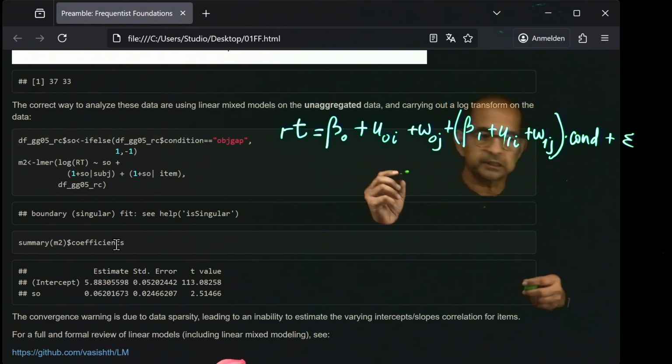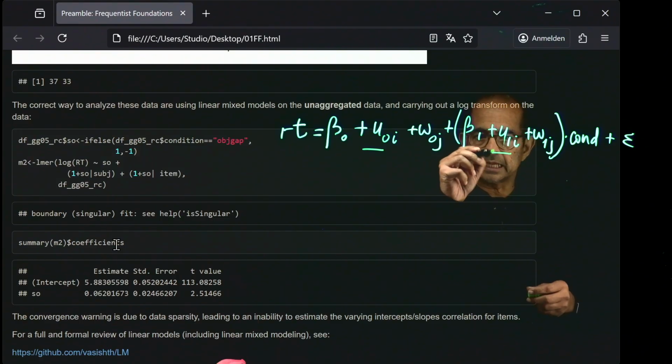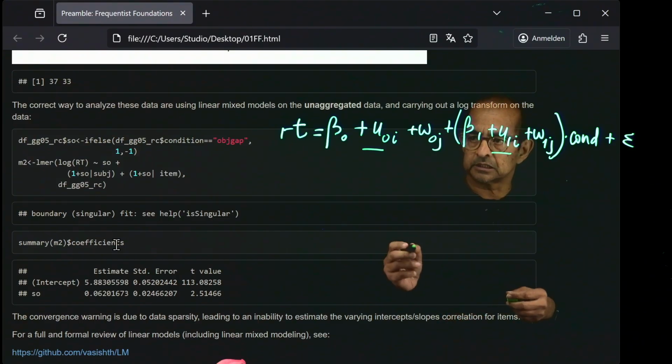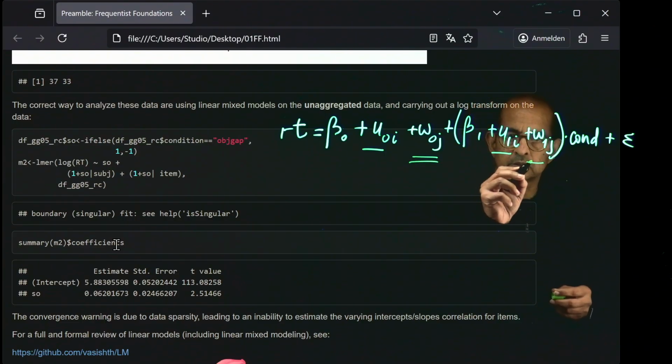The important thing I want to discuss here is the underlying assumptions about the intercepts and slopes for subjects and the intercepts and slopes for items.